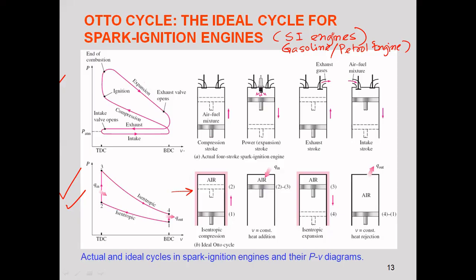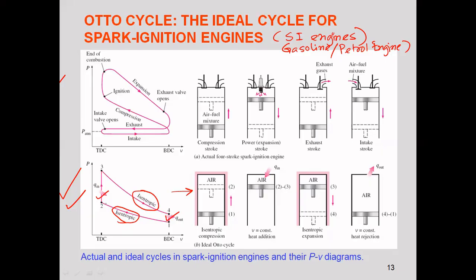In the case of the ideal cycle, it is constant entropy first, 2 to 3. Alternate processes are isentropic and alternate processes are constant volume. So this is the ideal one.